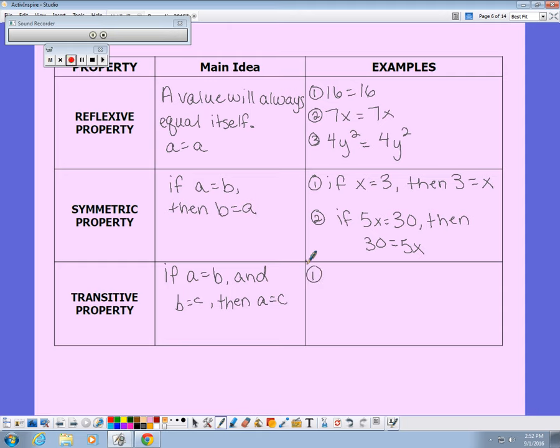That means that if I have 4 plus 3 equals 7, and also 7 is equal to the square root of 49, then 4 plus 3 also equals the square root of 49. These are just different ways to represent the same thing.